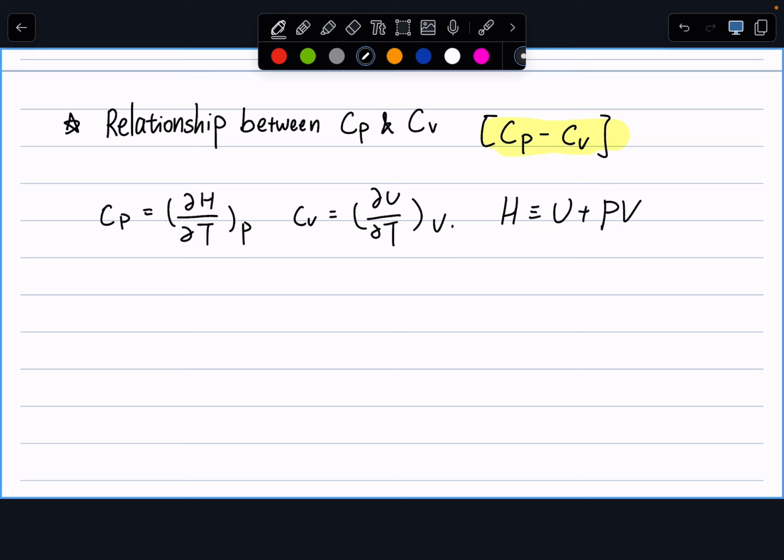All right, so these are the total differentials. Now let's focus on the constant pressure process, or manually set pressure as a constant, because in our original relationship we have pressure kept as constant.